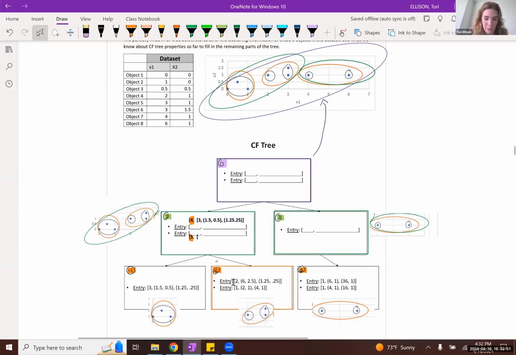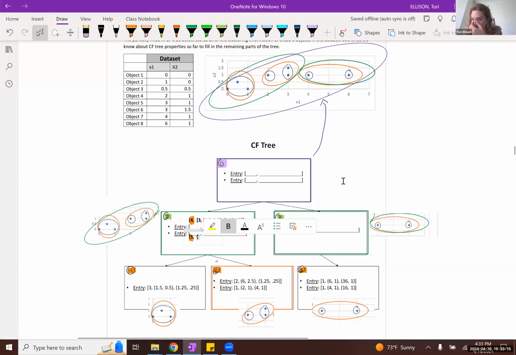And again, you want to remember this subcluster is represented with this CF entry, and this subcluster is represented with this CF entry. So therefore, if we wanted to quickly calculate the CF entry that would correspond to the cluster that we would get if we merged them together, then all we have to do is simply just add these two corresponding CF entries together.